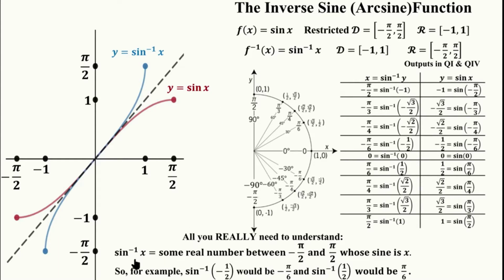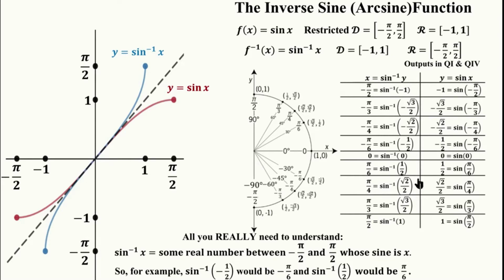So when you see the inverse sine of some number, you're looking for some angle in either radian or degree measure between negative pi over 2 and pi over 2, or between negative 90 degrees and 90 degrees, whose sine, meaning the y coordinate of the terminal side of that angle, would be negative 1/2, or whatever angle measure it is that you have in mind.